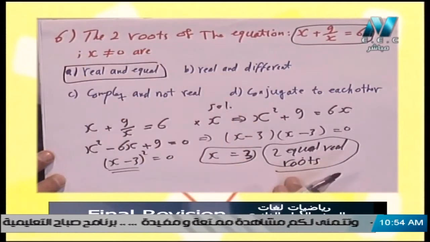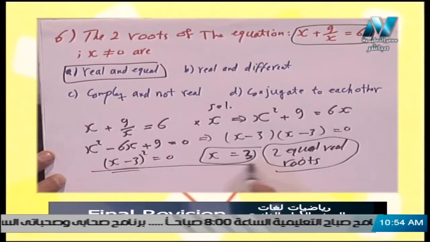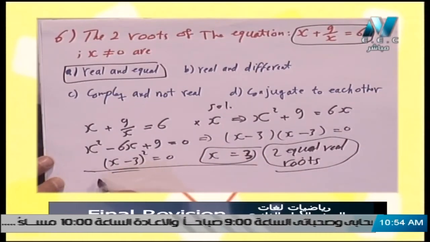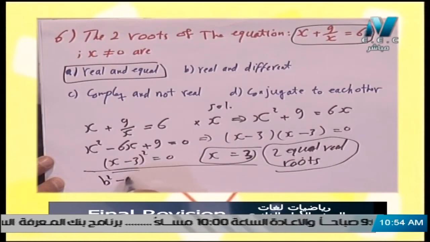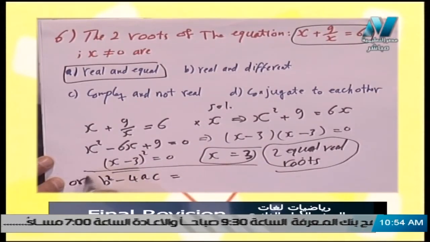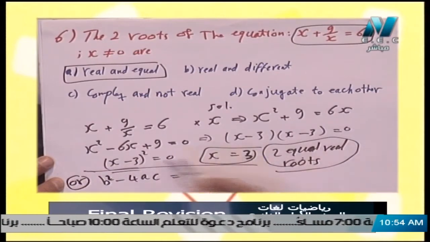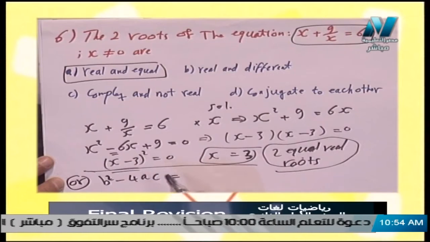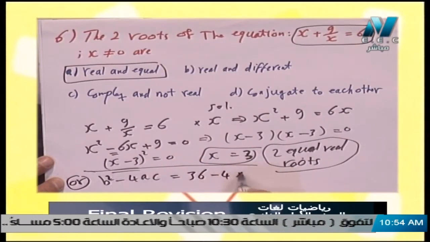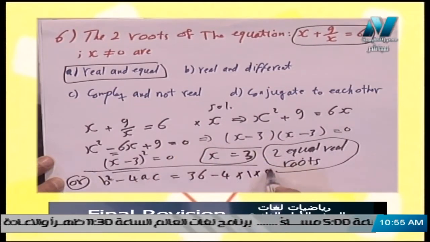We have now found the two roots themselves. But if we use another method by calculating discriminant, b power 2 minus 4ac, this is another method for you. Where is b power 2? b here equals negative 6, so negative 6 power 2 equals 36 minus 4 multiplied by a, which is 1, multiplied by c, which is 9.